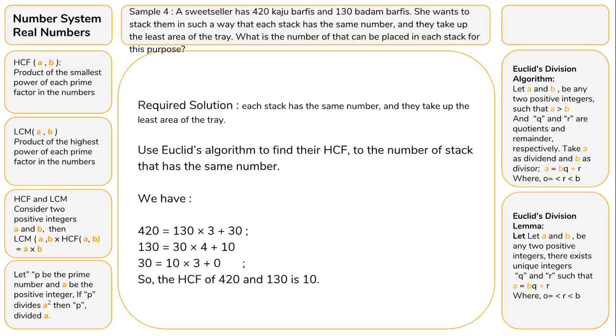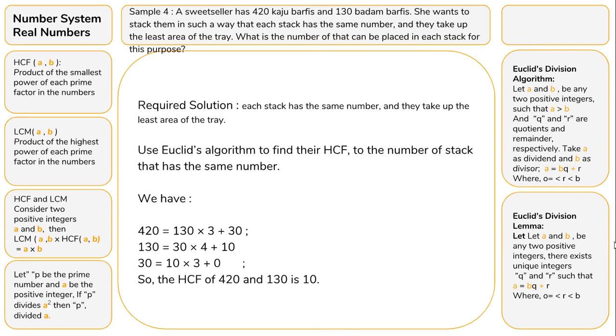Sample 4. A sweet seller has 420 Kaju barfis and 130 Badam barfis. She wants to stack them in such a way that each stack has the same number, and they take up the least area of the tray. What is the number of barfis that can be placed in each stack for this purpose? Required solution: each stack has the same number, and they take up the least area of the tray.